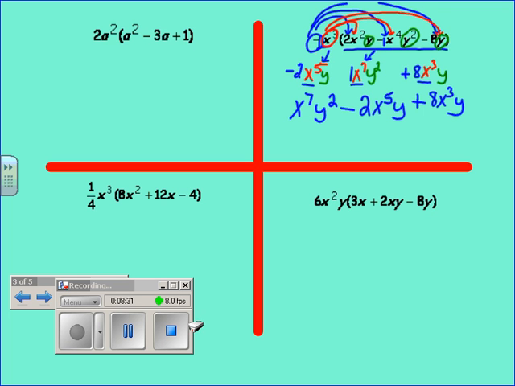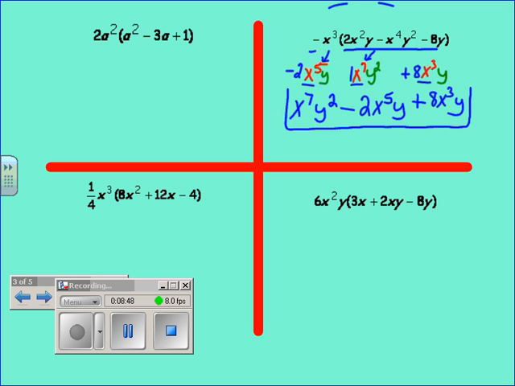So if I were to look at this problem again, -x cubed times 2x squared y minus x to the 4th y squared minus 8y, my answer would be x to the 7th y squared minus 2x to the 5th y plus 8x cubed y.